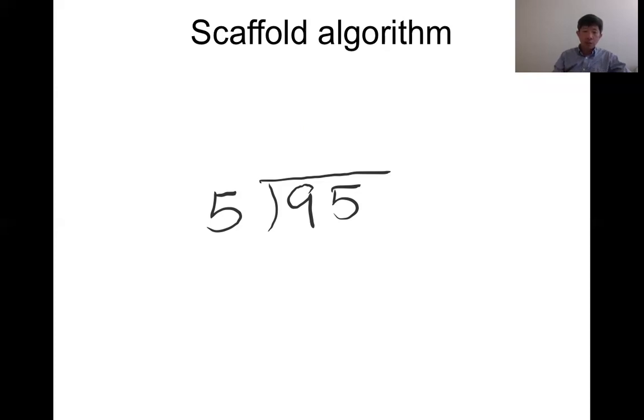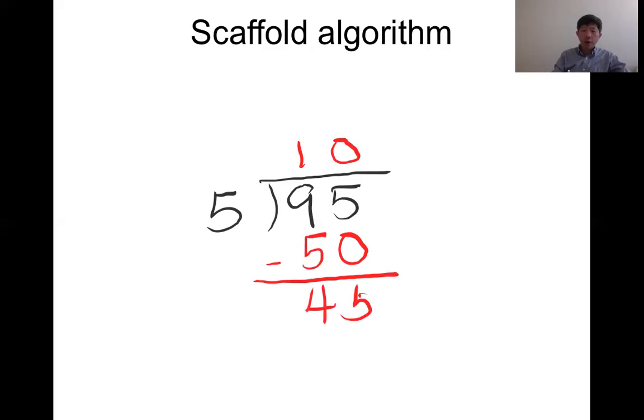Actually it is a 10, because this is the tens place value. So in the scaffold method, we take 5 times 10, and we have 50. Subtract. Then 95 minus 50, we get 45, like this. The scaffold method shows place value more clearly.